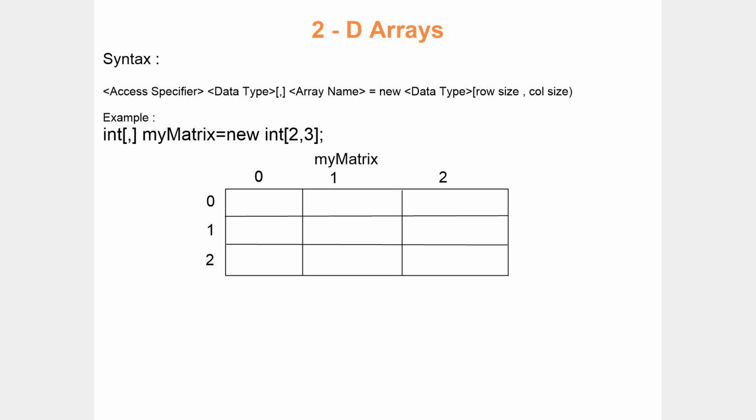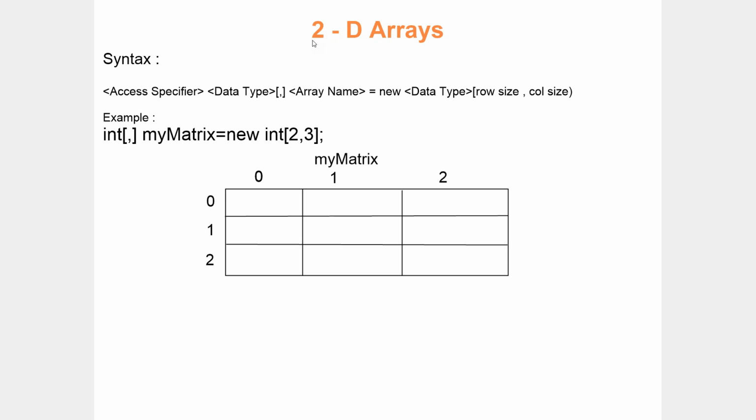what is a matrix? A matrix can be defined as a collection of rows and columns. A matrix will have only rows and columns. What is a table? A table will also have a collection of rows and columns. So when you want to arrange your data in matrix format, when your data has to be stored in table format, then your approach should be towards a 2D array.